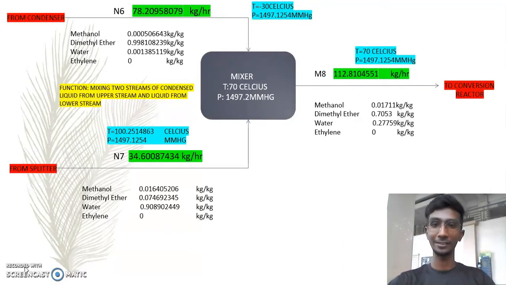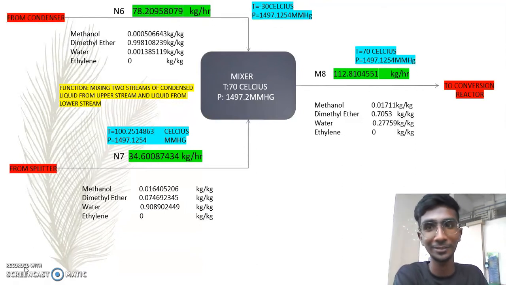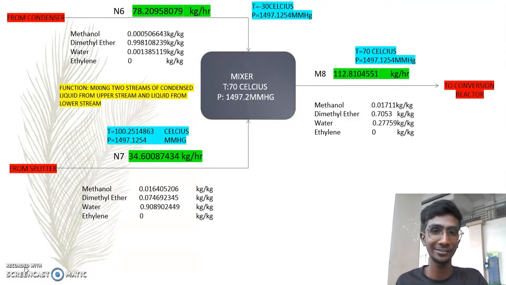Next is the mixer. The mixer's temperature is 70 degrees Celsius with a pressure of 1497.2 mmHg. There will be two streams entering the mixer. The first stream is from the condenser with a mass flow rate of 78.2095879 kg per hour, and the other stream is from the splitter with a mass flow rate of 34.6008743 kg per hour.